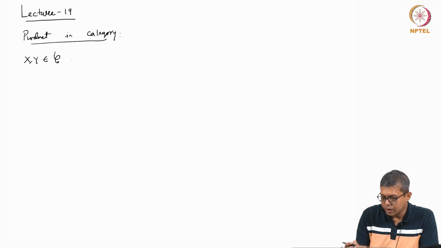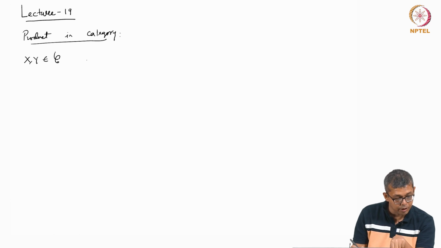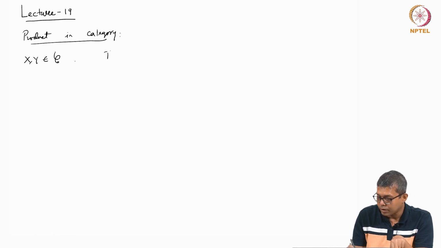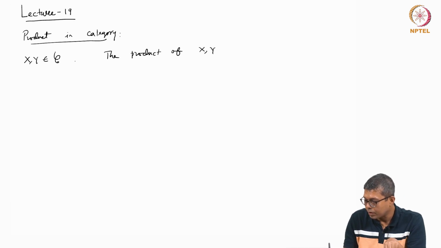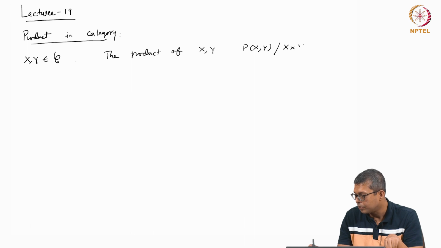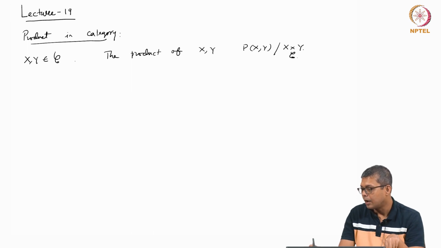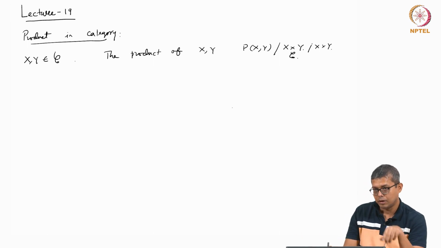So C is a category, and you have two objects X and Y. Then the product of X and Y, if it exists, I will sometimes denote by P_XY, or X cross Y, in the category C.